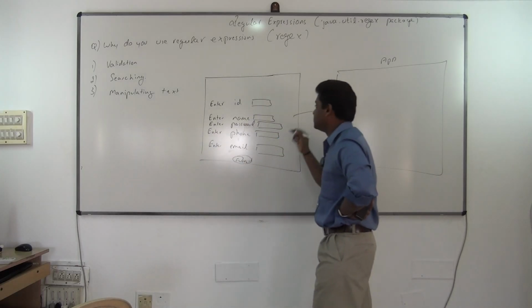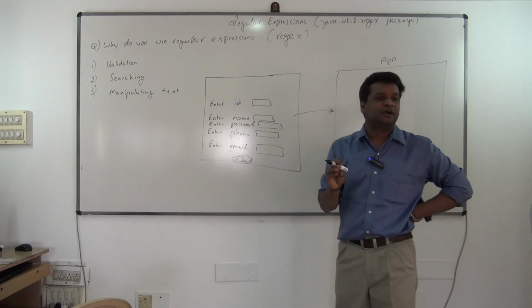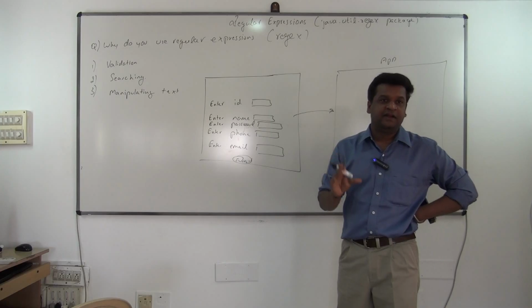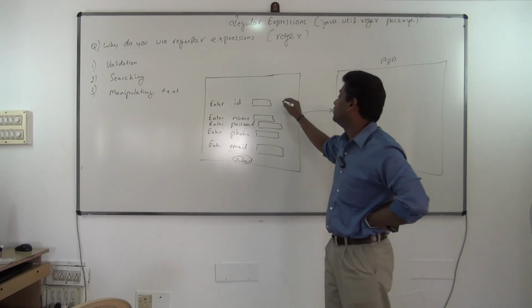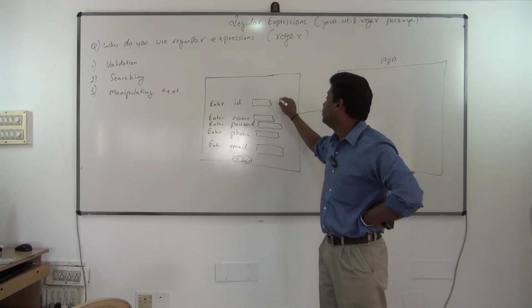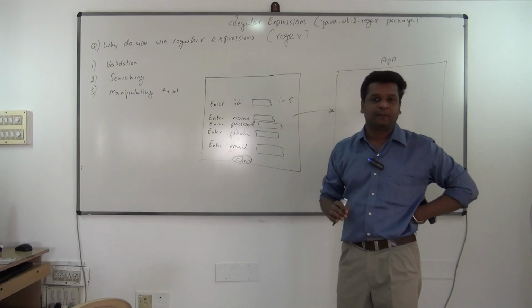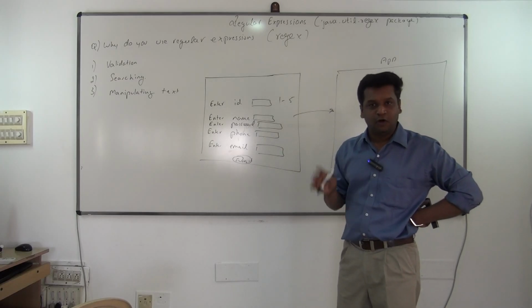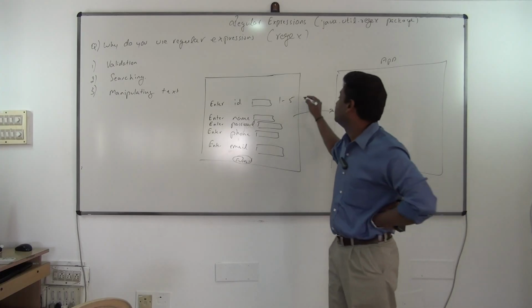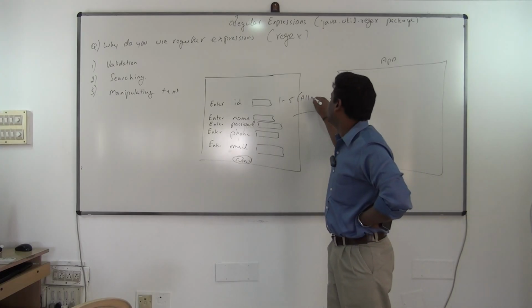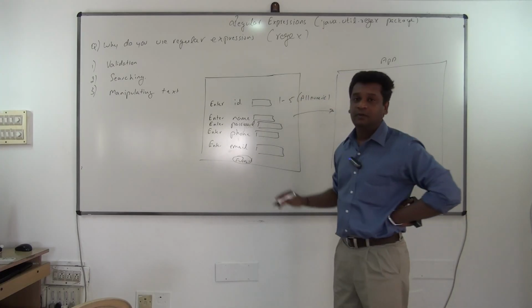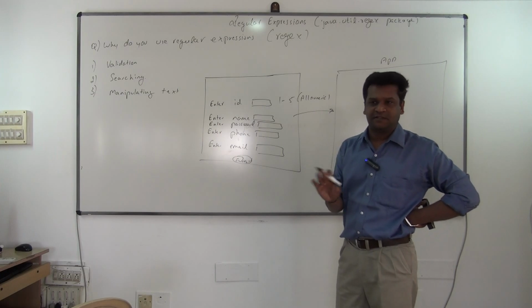Now there will be more validations, like ID must be within 1 to 5 digits only. All numeric and within 5 digits, or 4 digits, something like that.